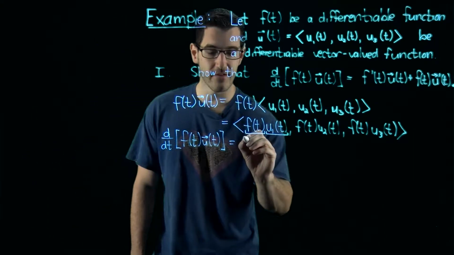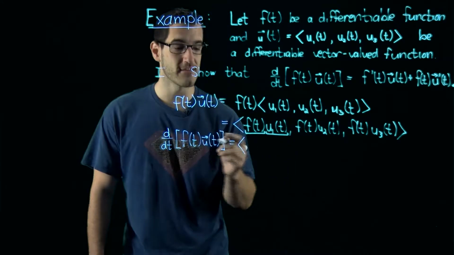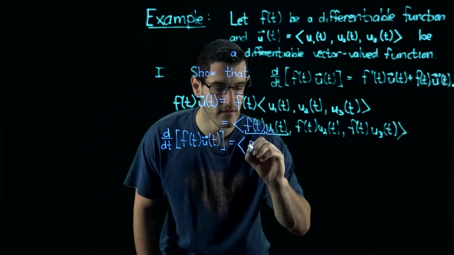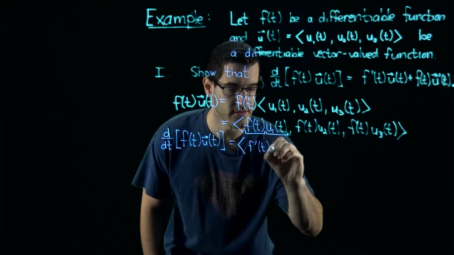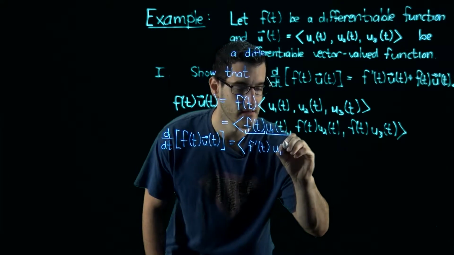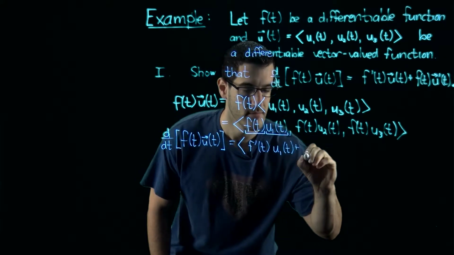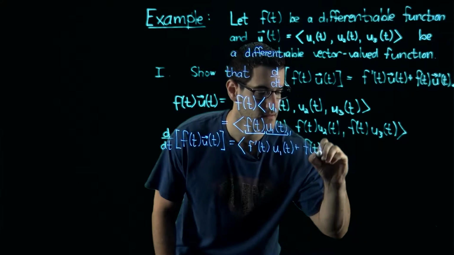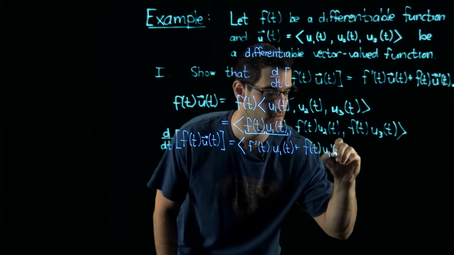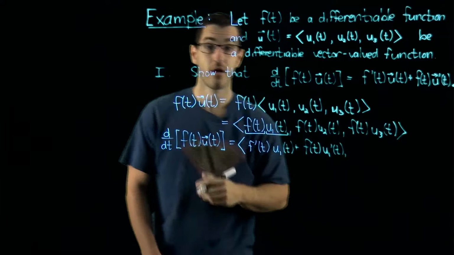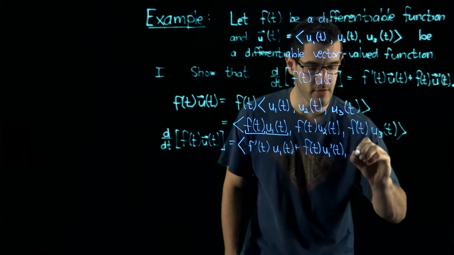So when we take a derivative of that, we can get away with using the usual product rule from Calc 1. So we take the derivative of the first times the second plus the first times the derivative of the second. We're going to do the same thing in that second component.